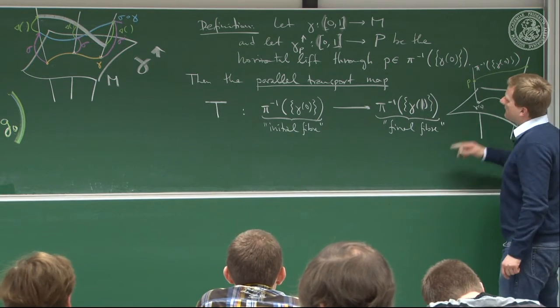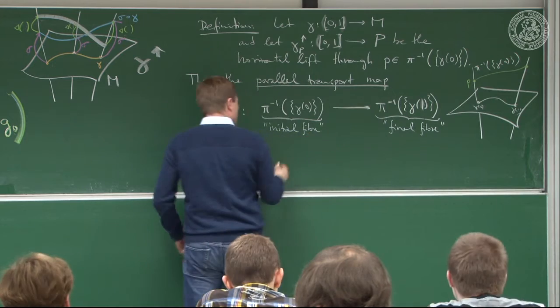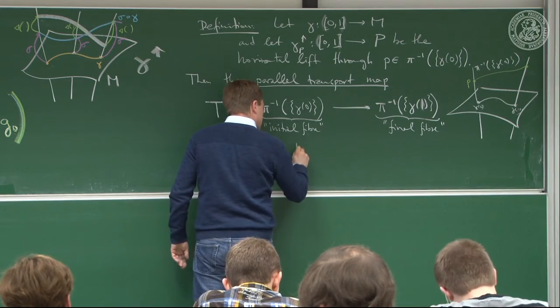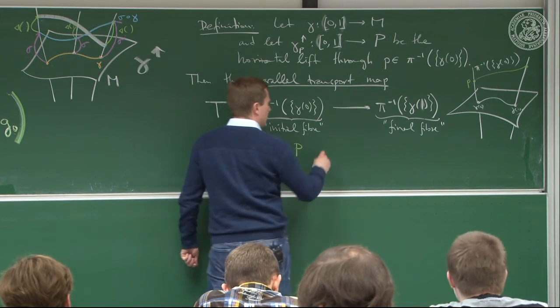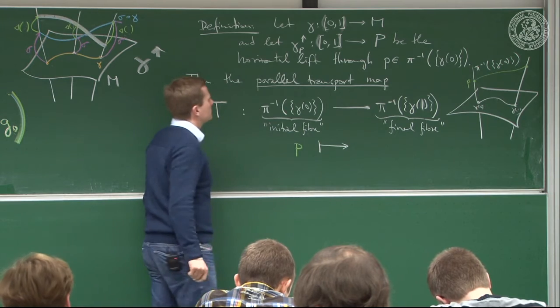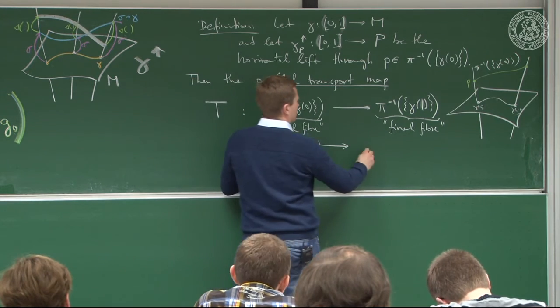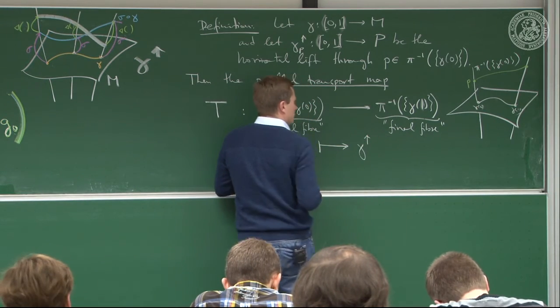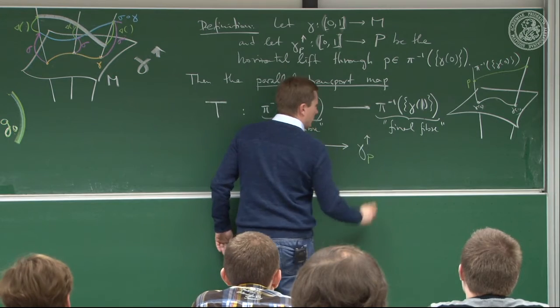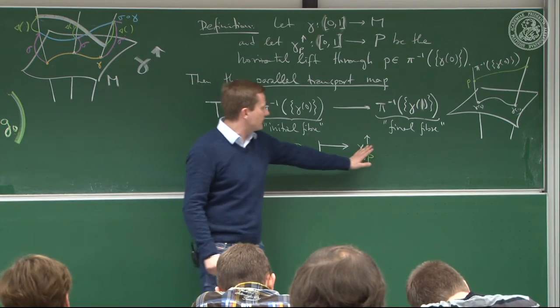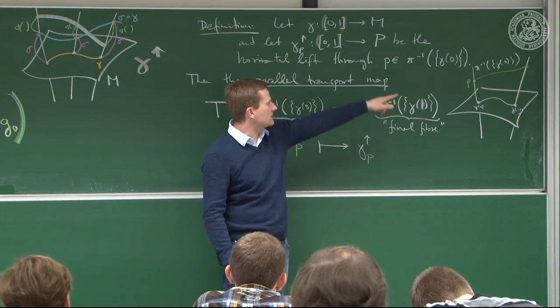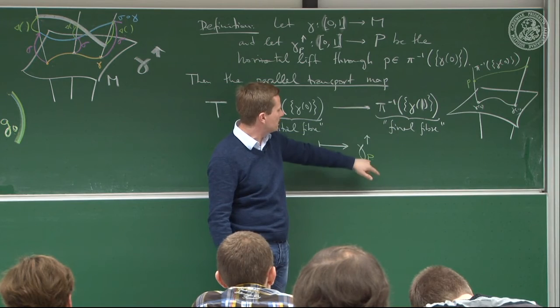Okay, so now from this initial fiber, we may now take an arbitrary point. And what point do we associate to it? Well, we associate the point that corresponds to the horizontal lift of gamma, but there are several ones, unless I specify what the initial point is it passes through.